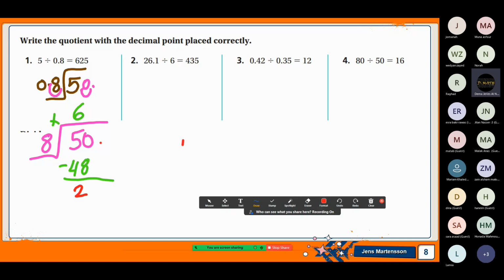You will add a decimal point with 0 on the dividend, and you will add a decimal point up. Then you will bring the 0 down.